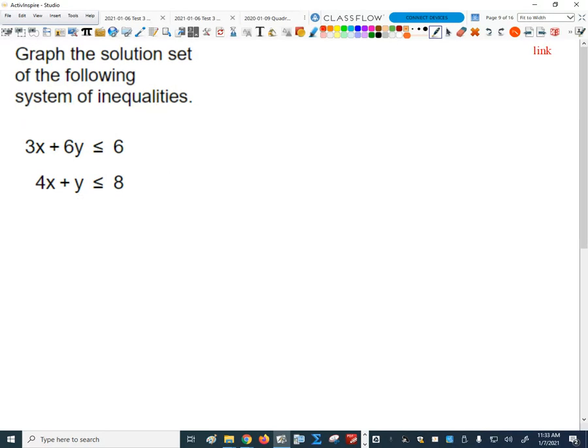Okay, so Tony, what about this first one here? I got to put that into slope-intercept form. What am I going to do? You would subtract the 3x and then divide everything by 6. Good. So I subtract the 3x. That's going to give me 6y is less than or equal to negative 3x plus 6. And then I'll divide everything through by 6, right?